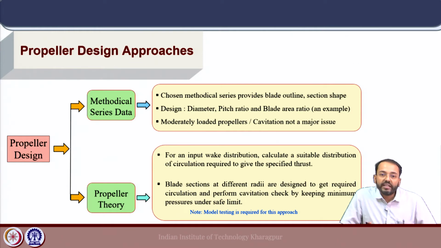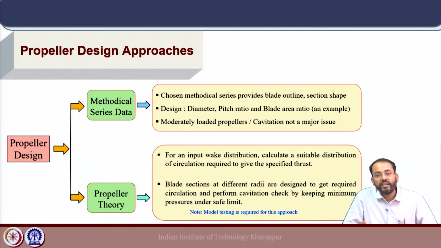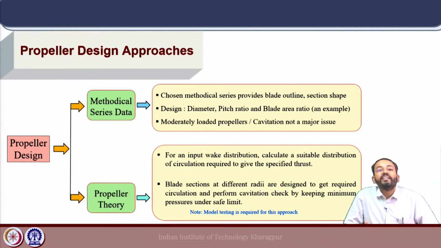By specific application, we mean that the propeller is operating behind the ship hull, and the velocities which will be the inflow into the propeller depend on the hull geometry, typically the lines in the stern region of the ship, and hence the wake distribution, which is the nominal wake, that means the wake distribution on the propeller plane if the propeller itself was not there, just due to the flow around the hull at the specific design speed, will impact the propeller performance, and hence in propeller theory based design one can make wake adapted propellers, which mean that the wake distribution at the propeller plane can be used as an input to develop a much detailed design which is tailor made for that specific ship.